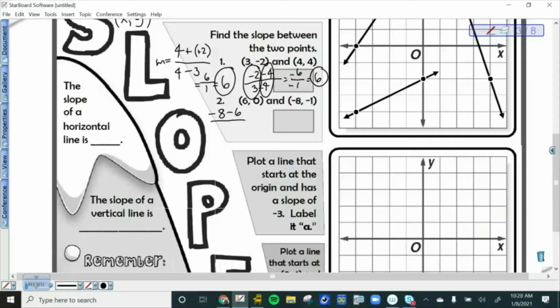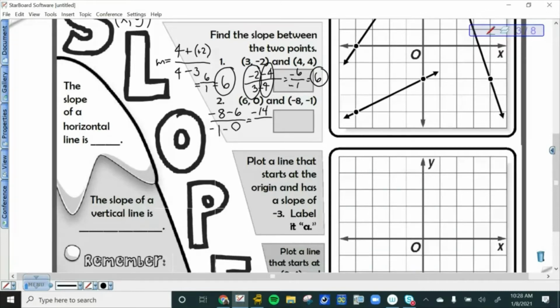So again, in the denominator, I have to start with this point and subtract this point. So I go -1 minus 0. So what's my numerator? What's -8 minus 6? 14. Not positive 14. -14.